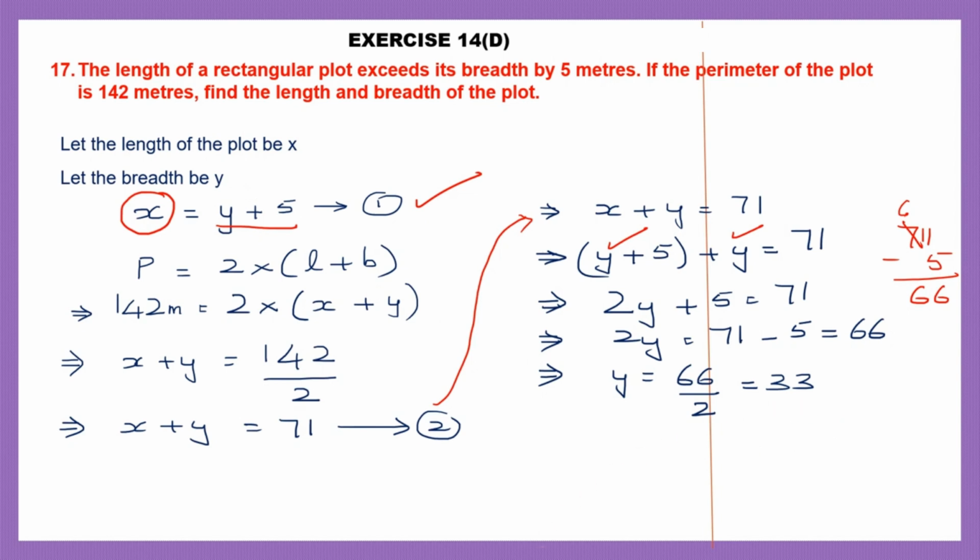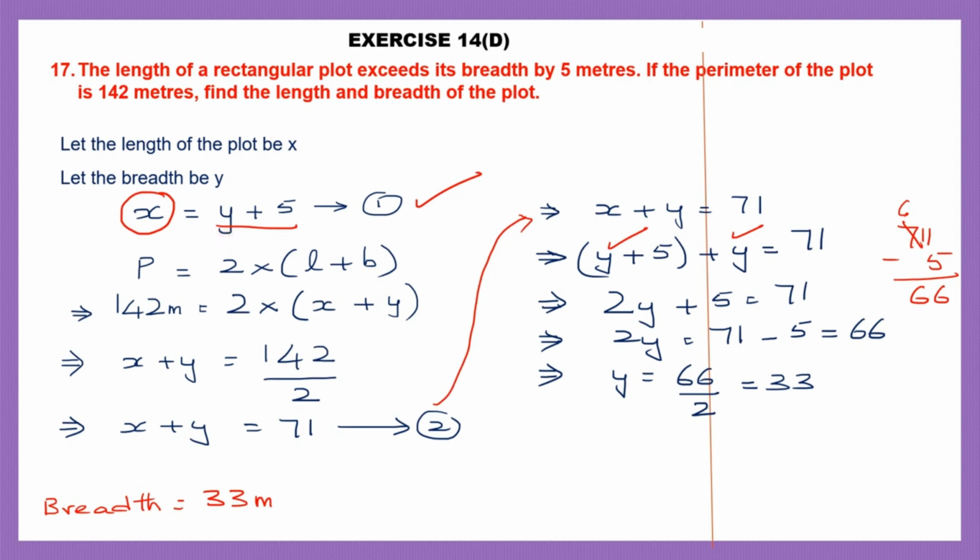So let me write that down properly. Breadth is 33, and the unit is meters. So 33 meters. Now I need to find the value of x. I can use any one of the equations to find the value of x. So let me go to the first equation and find the value of x, since I already know the value of y now.